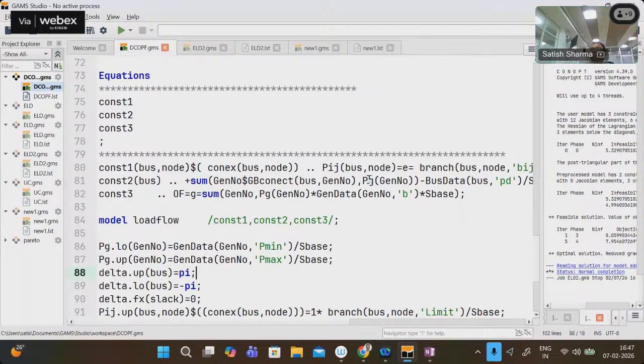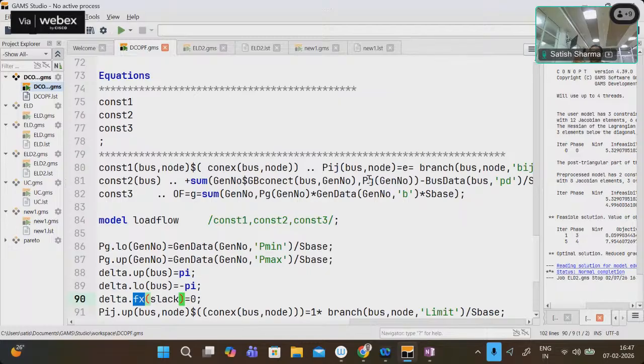Delta up is defined as pi. So this is what we have defined in MATLAB as well, like the angle varies from pi to minus pi. So up is pi, lower is minus pi, and then delta is having a fixed value. So this fx is important as well. It is another syntax.